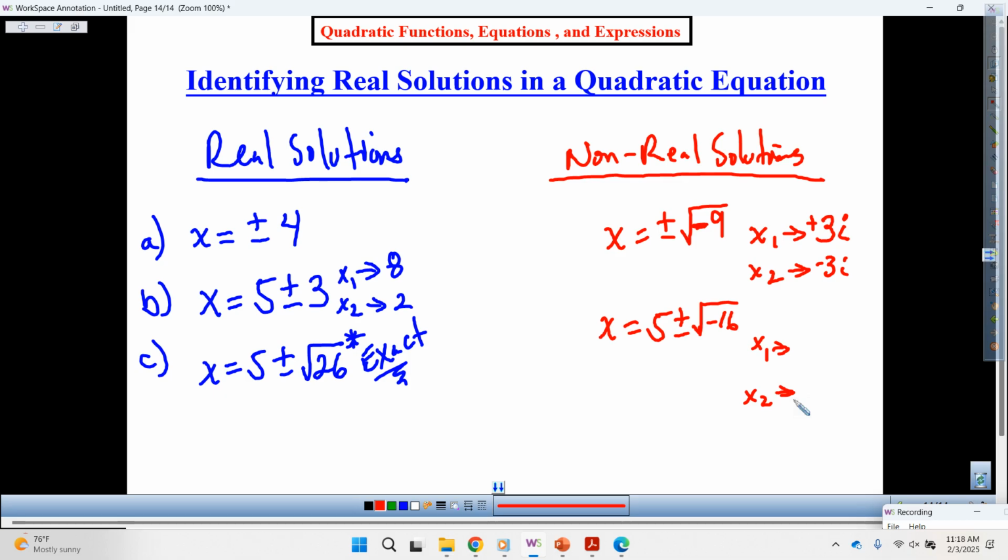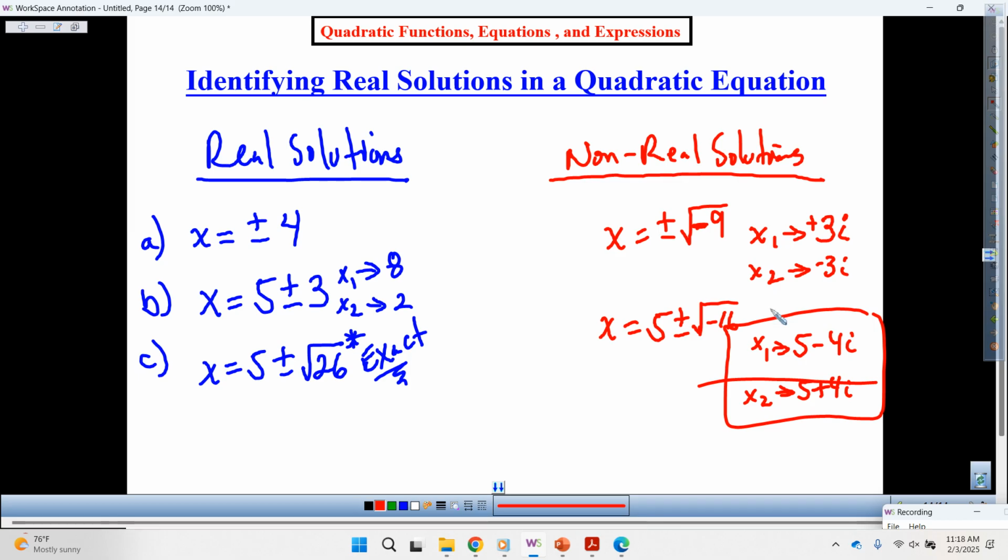Enrique, what is X sub 1? All right. Help them out. How about Caitlin? 5 minus. What is square root of negative 16? 4i. So that's X sub 1. So what would be X sub 2?